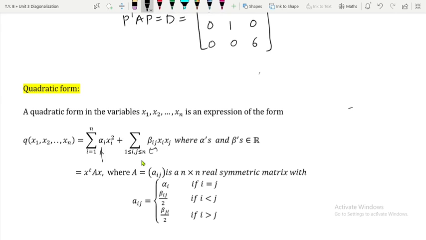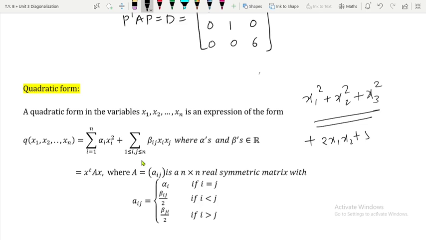Suppose I have x1 square plus x2 square plus x3 square. It is also a quadratic form, in 3 variables, x1, x2, x3. You can add anything over here, plus twice x1 x2 plus 5 times x2 x3, still it is a quadratic form.